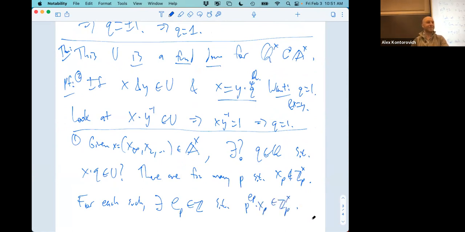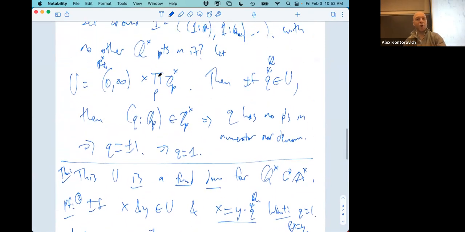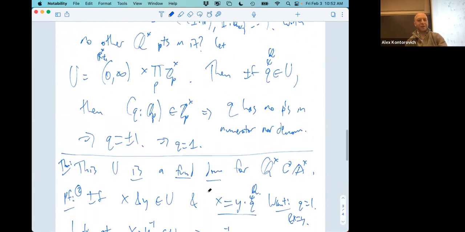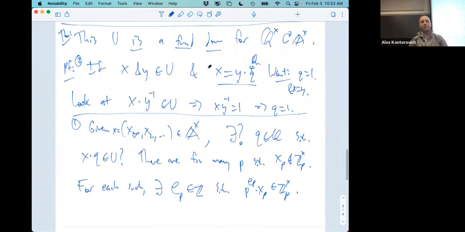For this part, this fundamental domain stuff specifically, we're not using any topology. No, we want to know that there's an open set that contains one. For the fundamental domain, the way I've defined it is I want an open set, so you can move into the closure of that open set.